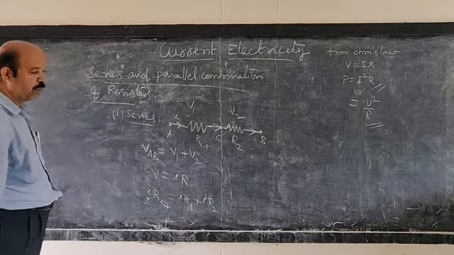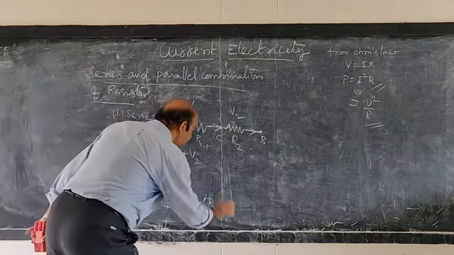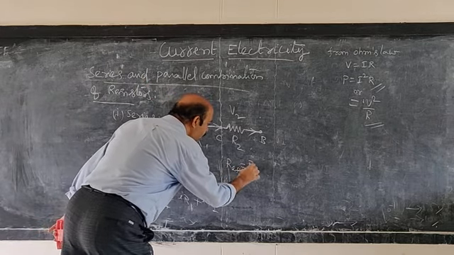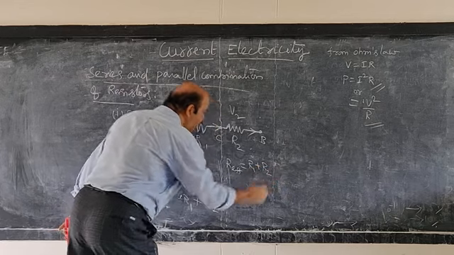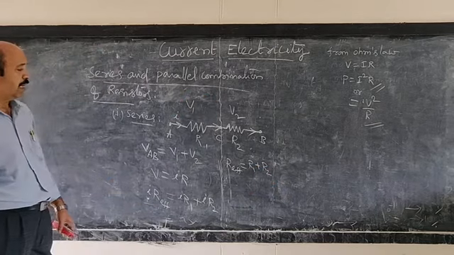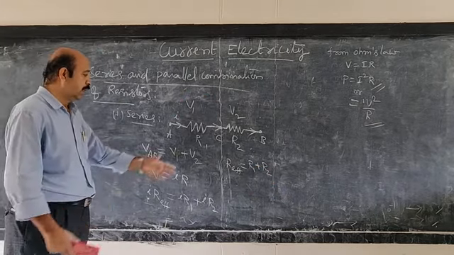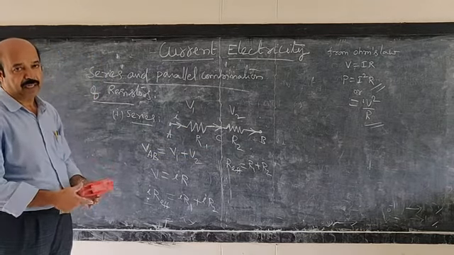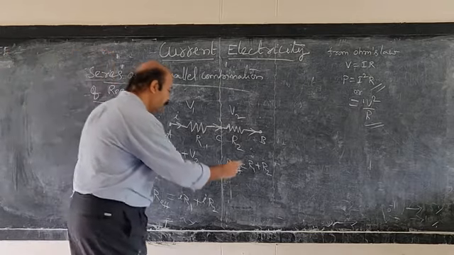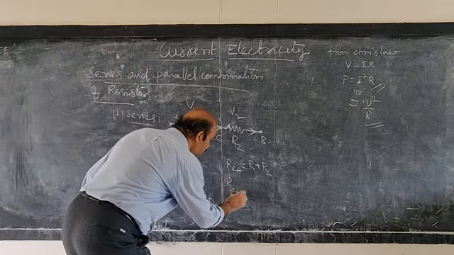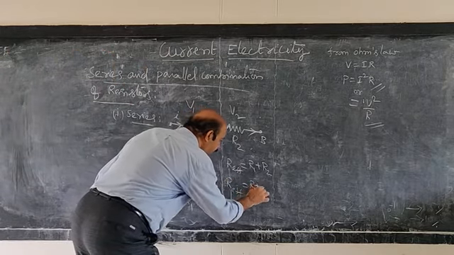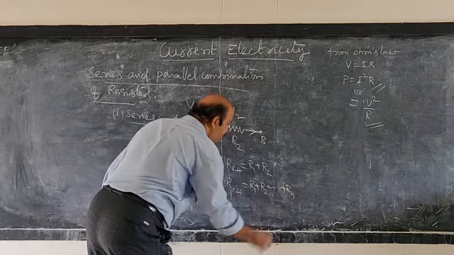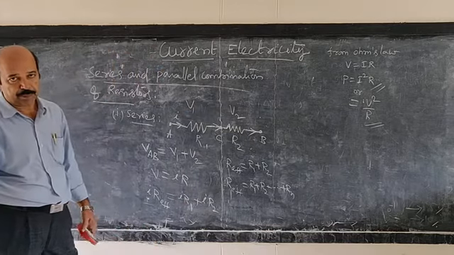Since I is common on both sides, R effective is equal to R1 plus R2. So in series connection, the effective resistance is the sum of the resistors. In general, for any number of resistors in series, you can find it by taking the sum.